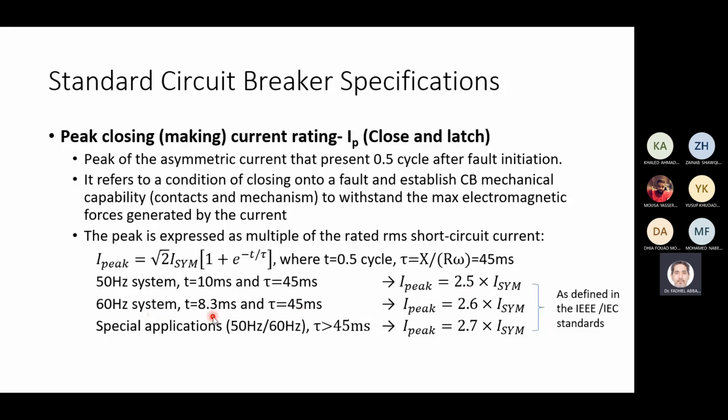For 60 Hz, the half cycle time is 8.3 milliseconds. At this standard DC time constant, you'll get a peak of 2.6. For other applications that have a higher time constant, they use 2.7 to get the peak from the symmetrical fault current.